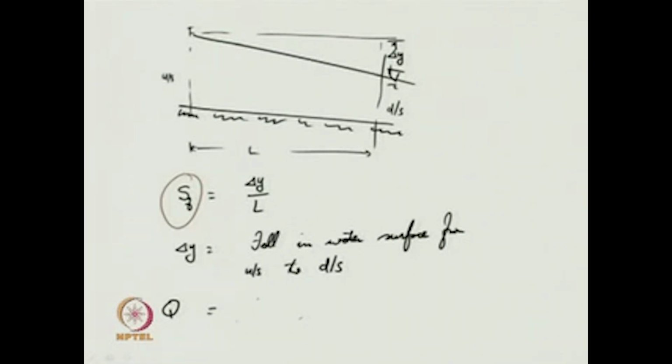It can be given as Q is equal to K average into S f to the power of half, or root of S f.